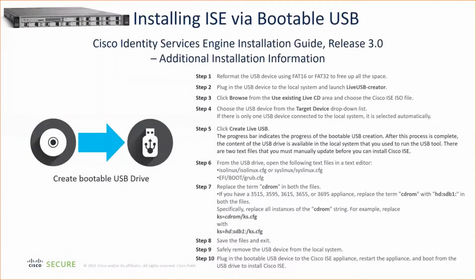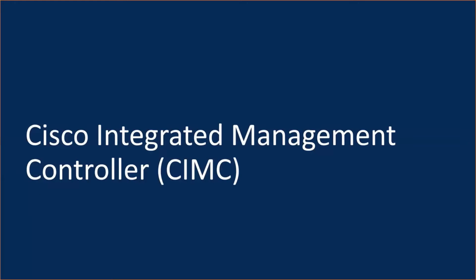And if you go into the ISE installation guide, go to the additional installation information chapter, the whole scenario is detailed step by step on how to create this. I'm sure that most everybody on this call has already installed something by creating a USB bootable drive anyway, so this should not be unfamiliar to most everybody here. But next, sticking with the SNS servers, we're going to be talking about the Cisco Integrated Management Controller.